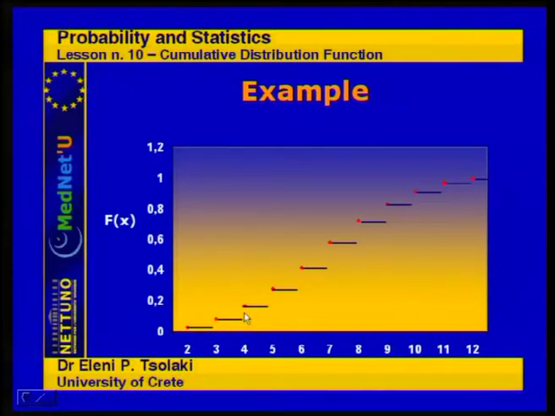And also, as we said before, the value of the cumulative distribution function at minus infinity is 0, and at infinity it becomes 1 and remains 1.